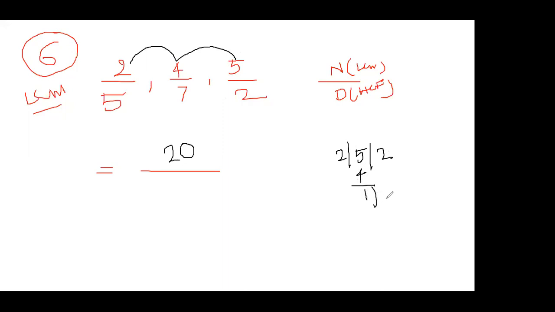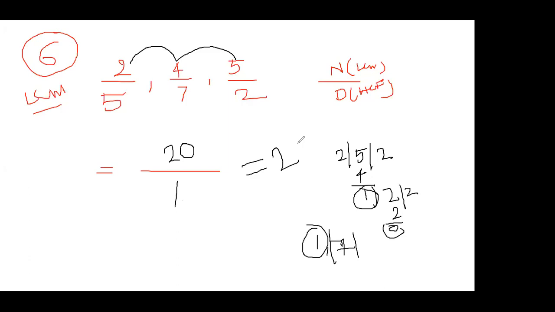Carry, again bring this number 2 here. 1 2s are 2. So here I got 1 and 1 and the next number is 7. Now take the 1 and 7. HCF of 1 and any number is 1 only. So 20 by 1, your answer is 20.